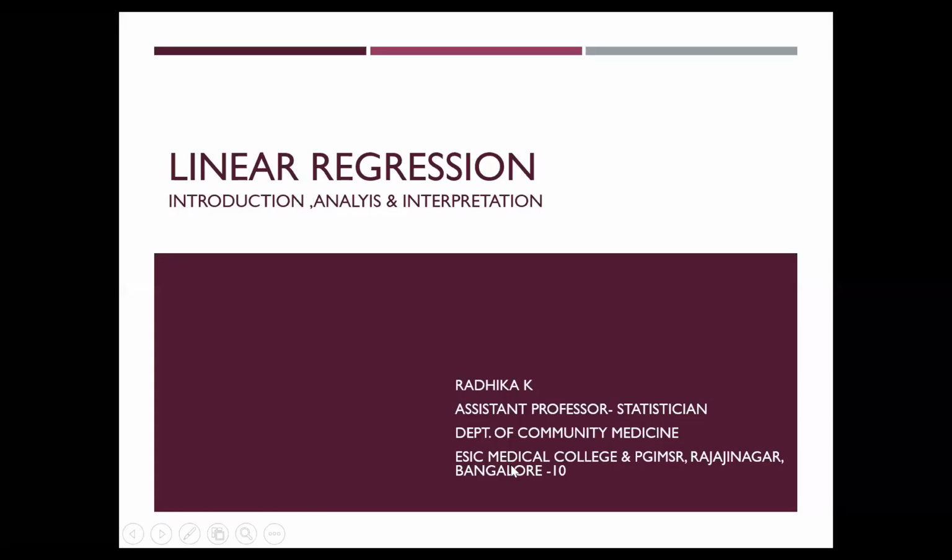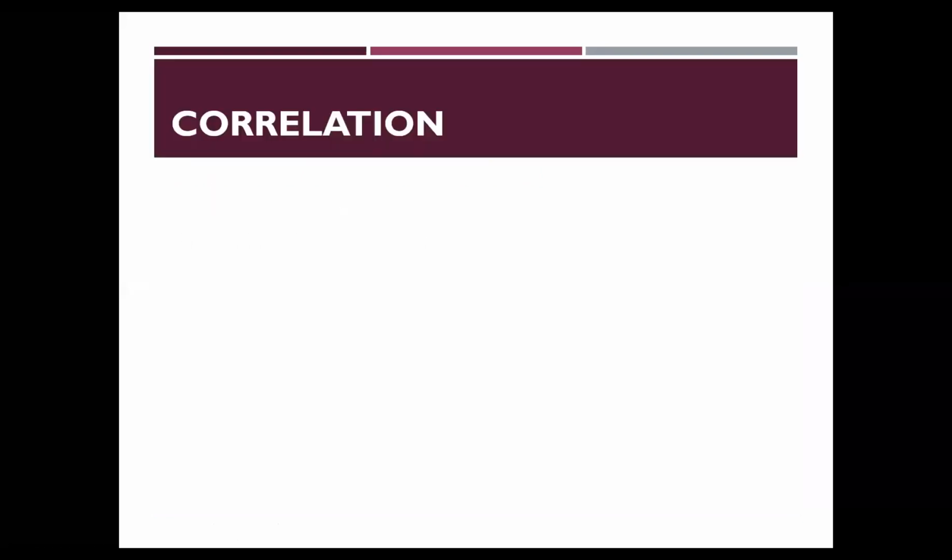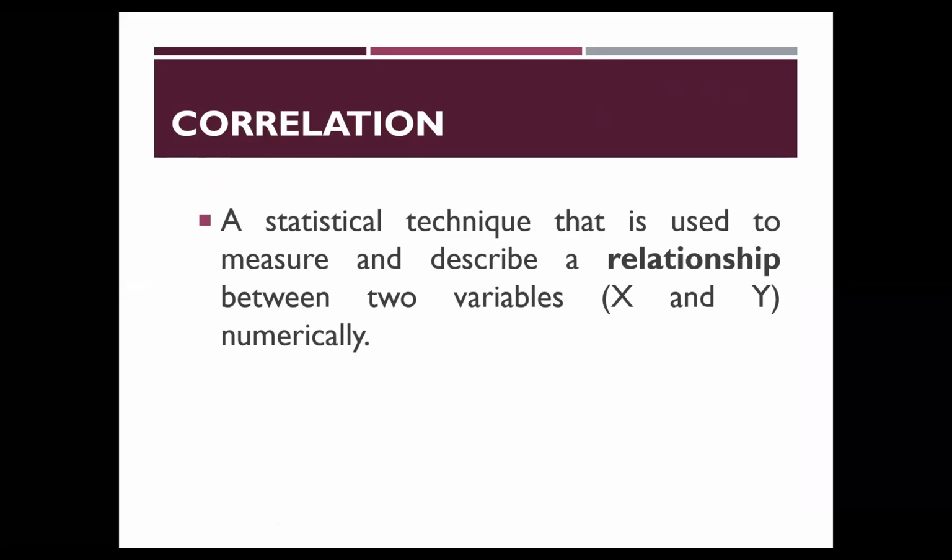About doing linear regression analysis and its interpretation. In the last session, you would have understood what correlation is, when it is applied, how to interpret the correlation coefficient, and which correlation test needs to be applied for which kind of variables.